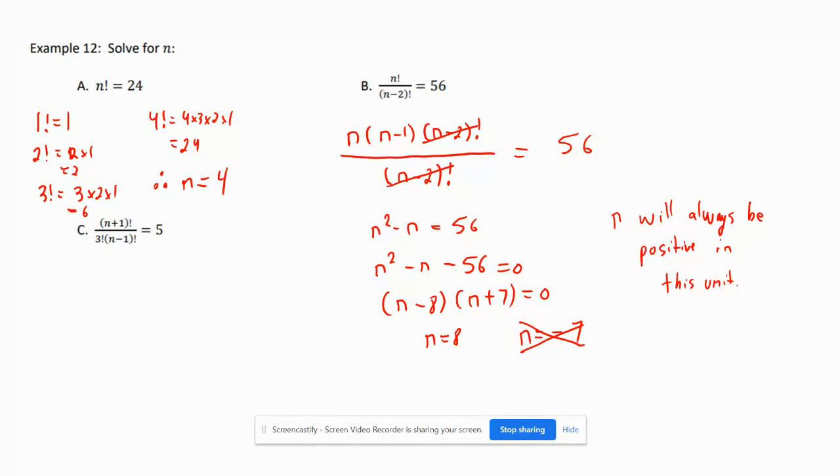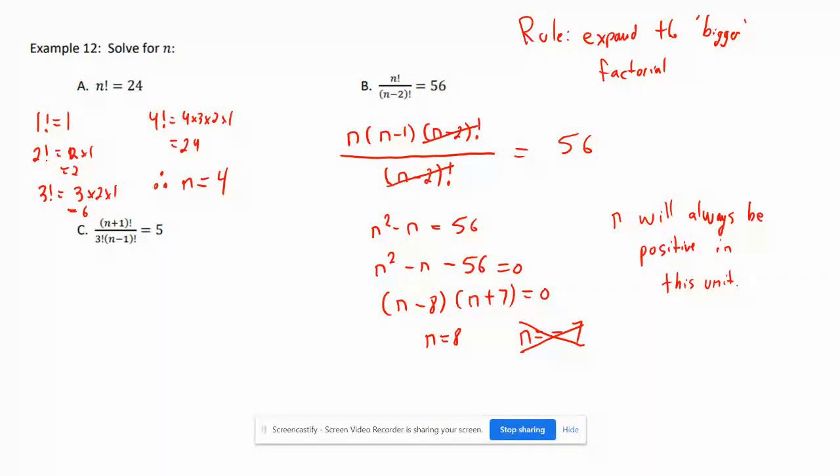Okay, similar idea for this question over here. We have n plus 1 factorial over 3 factorial times n minus 1 factorial equals 5. The rule for these types, I'm going to say, is expand the bigger factorial. So what's bigger, n plus 1 or n minus 1?